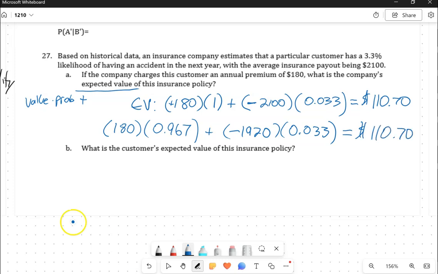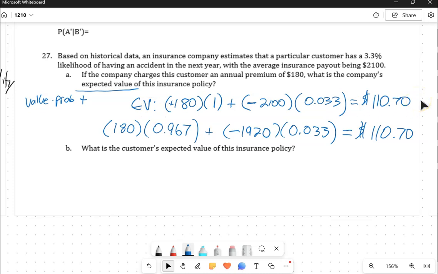Same answer. Whether you, as a business, just pocket the $180 and every so often pay out the entire insurance claim, or you pocket the $180 most of the time and use the 180 to offset the cost to the business the rest of the time, it's the same answer. I just think this times 1 is a lot faster and easier.